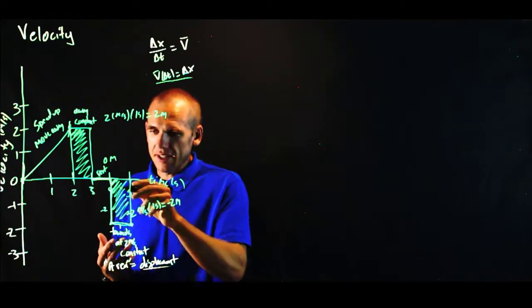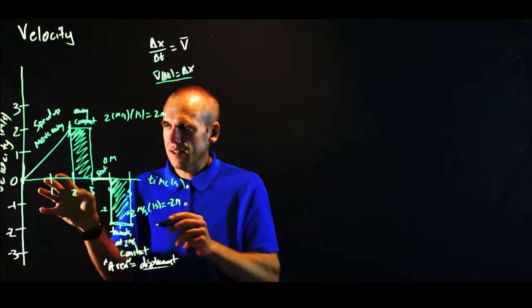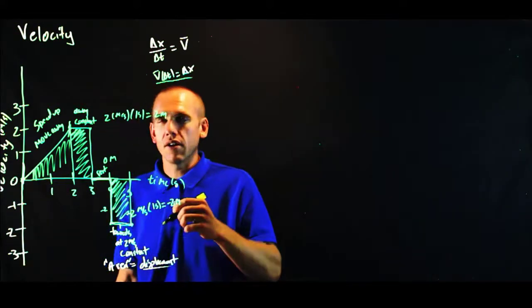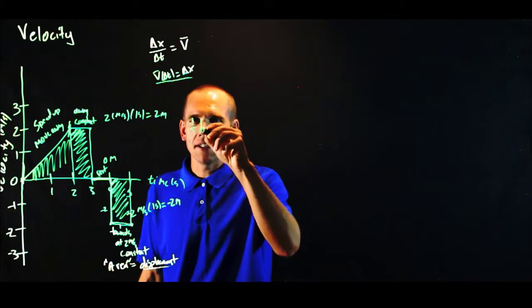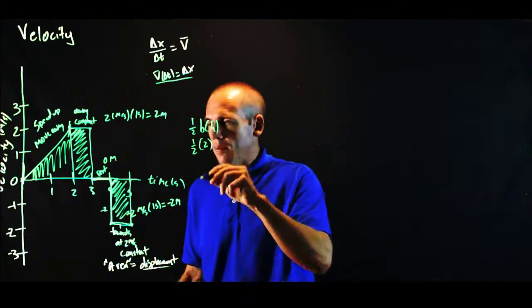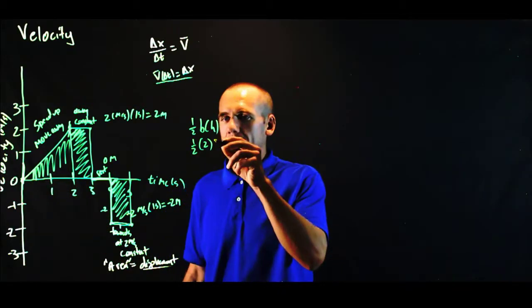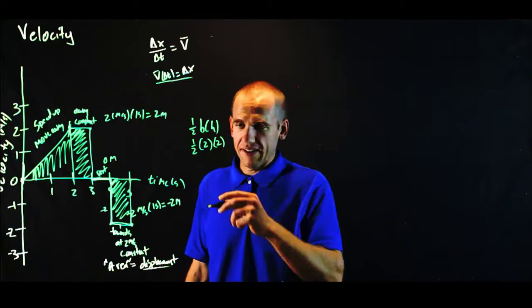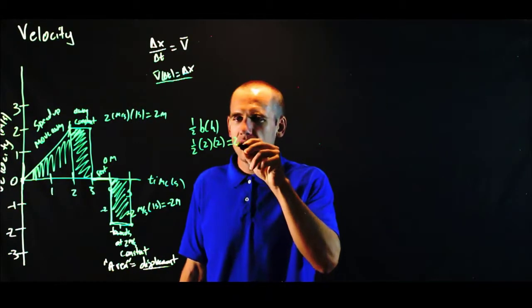But the other way to look at this is we've got this area here. Well, what's this area here? That's a triangle, and the area of a triangle is half base times height. And so I can take 1/2 of 2, the base is the delta t, times the height, which is also 2, which is our velocity at the end of the interval, and I still get 2 meters.